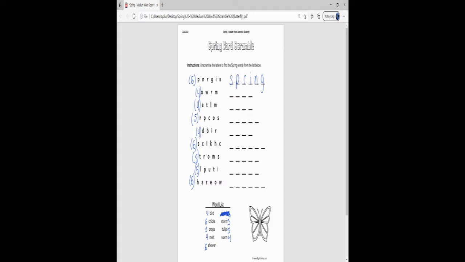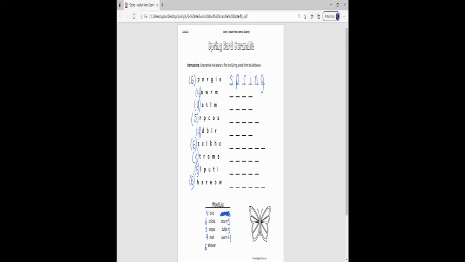The letters are A, W, R, M, and it has 4 letters. What words in our list have 4 letters? Very good. Our friends who said bird, melt, and warm, they all 3 have 4 letters. But wait, I see something interesting. It has a W in it.